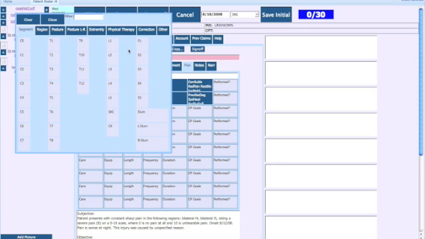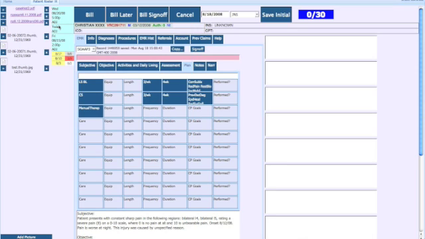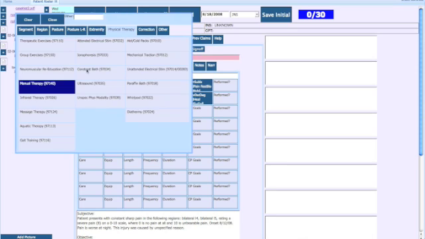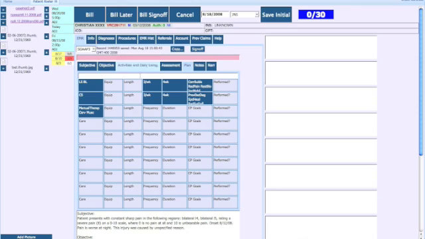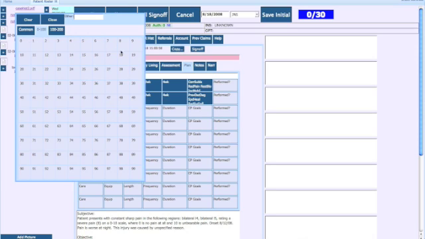But then also, let's say we want to do some, under physical therapy, maybe we want to do some manual therapy. And you might want to be specific here, so you could say cervical muscle. Okay, and again, we're not going to use equipment, but let's say we're going to do that for 15 minutes, or you can say any number of minutes here.